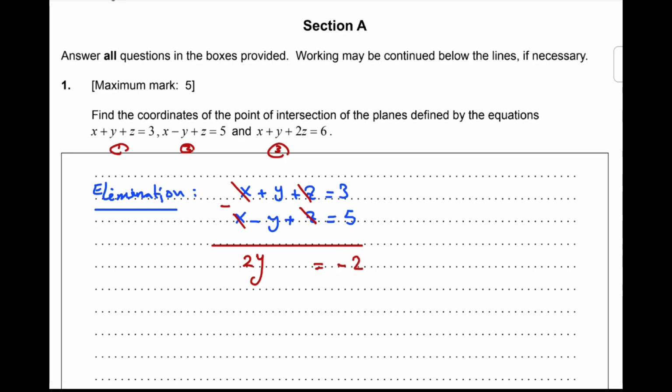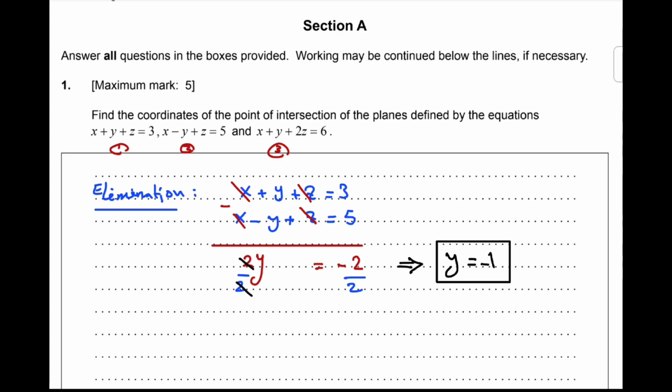So now we have one equation with one unknown. You can easily use algebra, divide this by 2, divide this by 2, and the answer is y equal to minus 1. That's the first coordinate here, y.